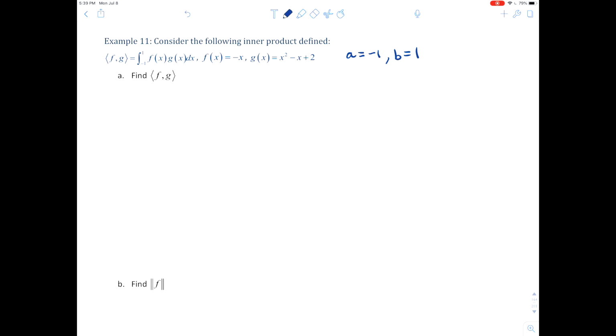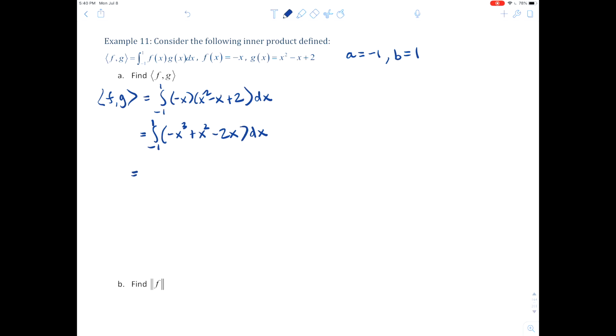So the inner product of f and g is equal to the integral from -1 to 1 of f of x times g of x, so negative x times x squared minus x plus 2 with respect to x. That's going to give us the integral from -1 to 1 of what? Negative x cubed plus x squared minus 2x with respect to x.